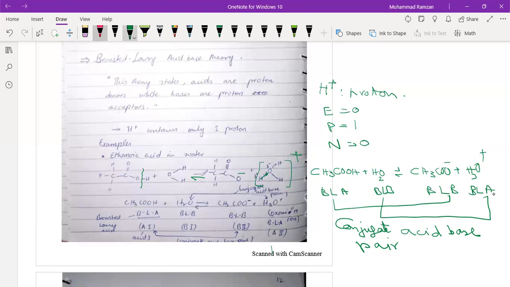Achha, now I give you an example. You try to do NH3 into water. Write the equation and identify Bronsted-Lowry acid and base for both sides, forward and backward side.